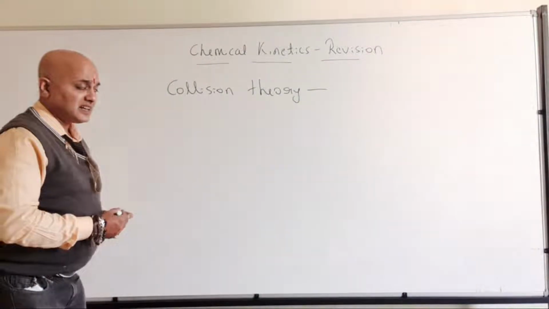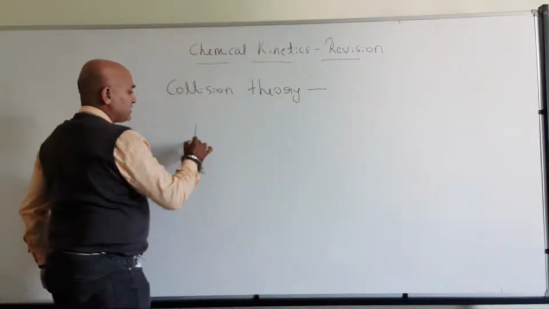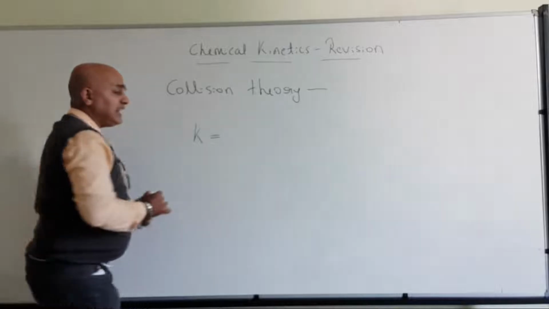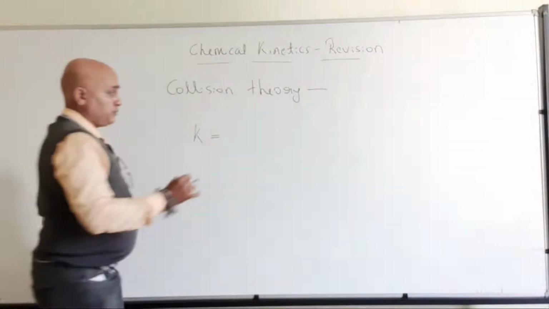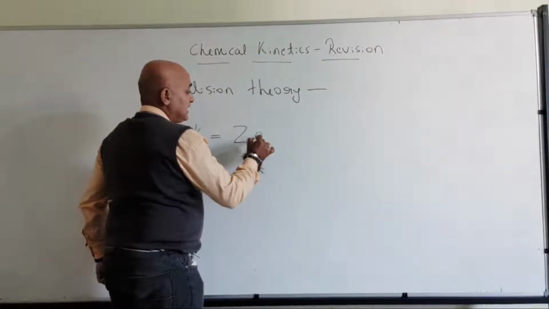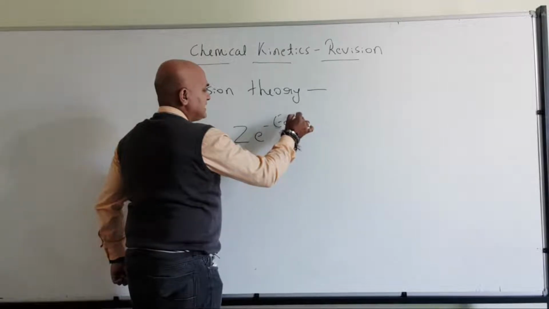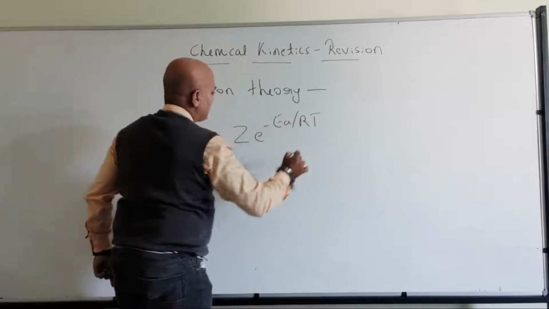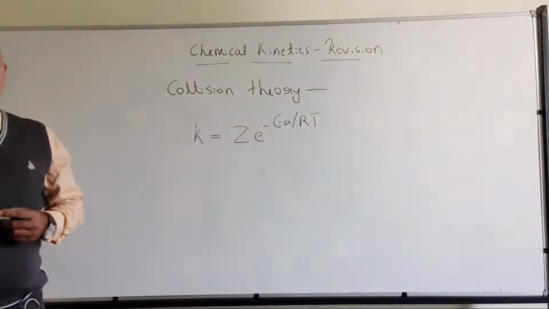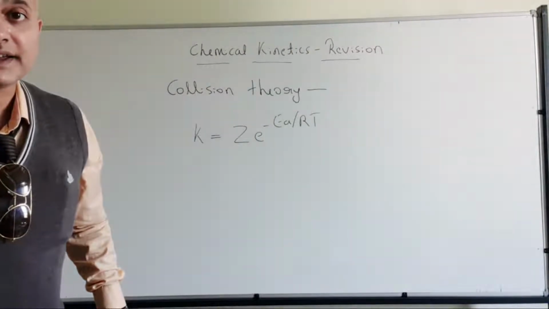As we have discussed earlier with respect to the Arrhenius equation, same way here, rate constant is equal to Z e to the power of minus Ea by RT. A is replaced by Z here.